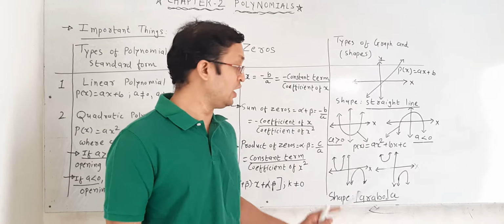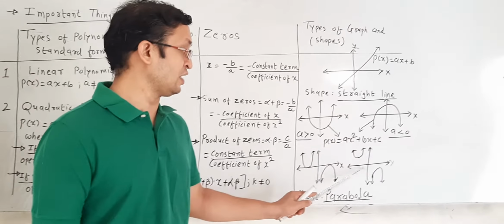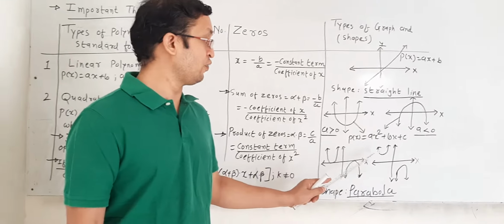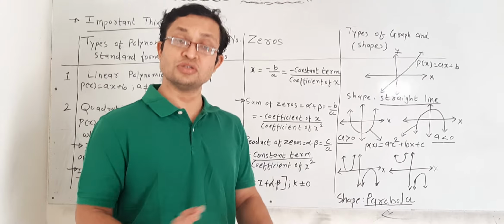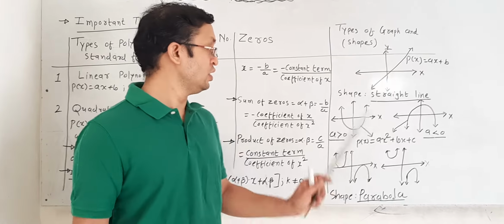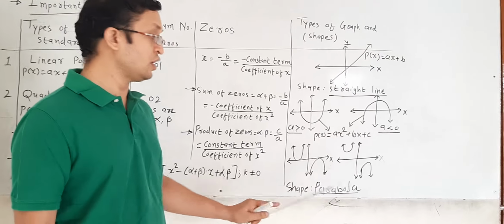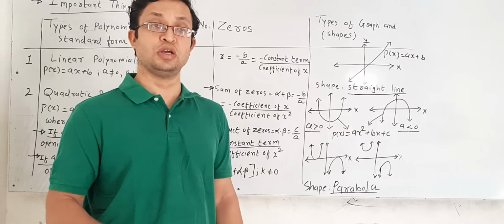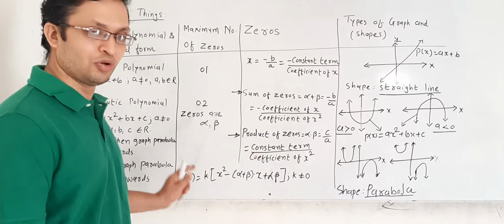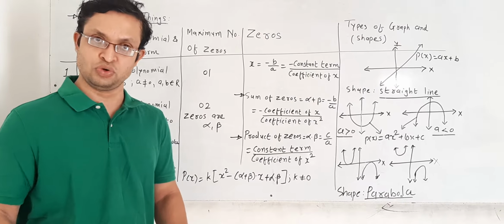The graph of the parabola never intersects the x-axis at any point. Therefore, the number of zeros is 0. There is a figure for two zeros, a figure for one zero, and a figure for no zeros. The maximum is 2, meaning it can be 2, it can be 1, and it can be none.